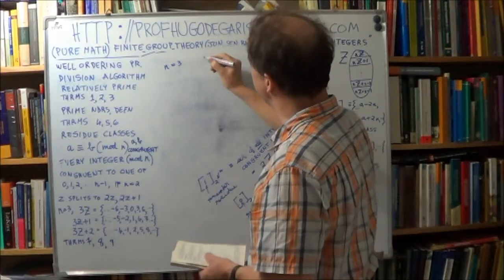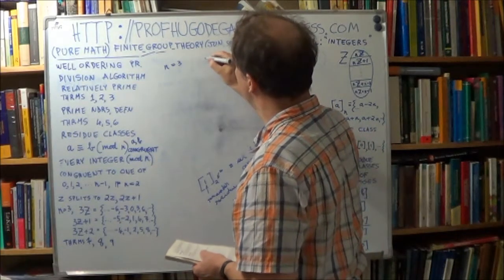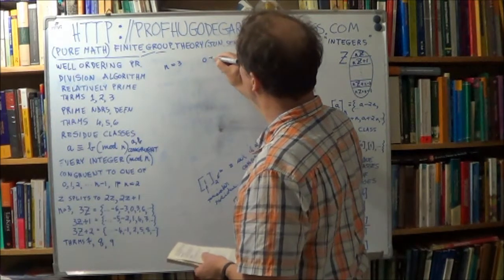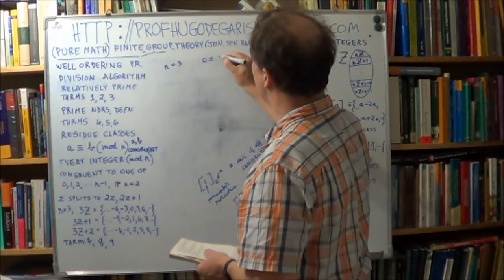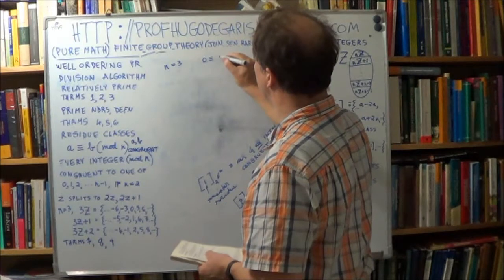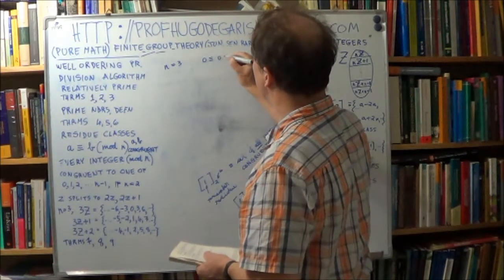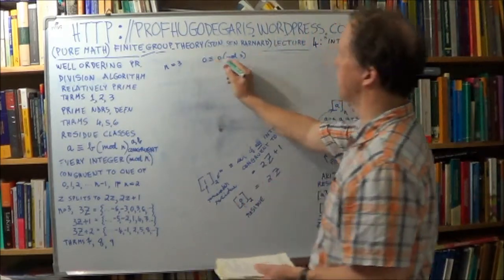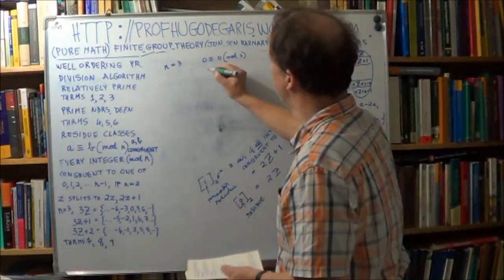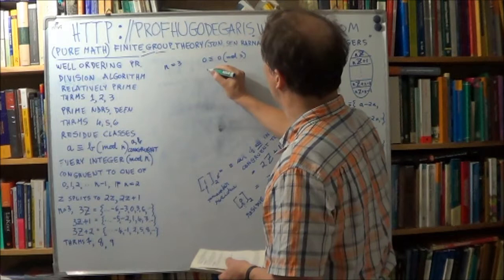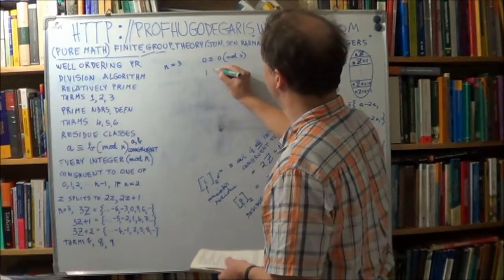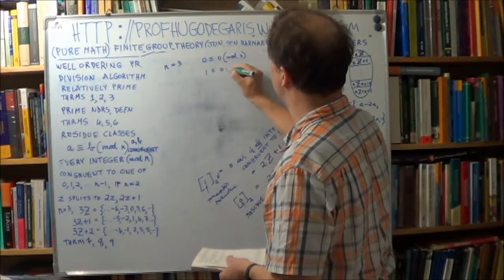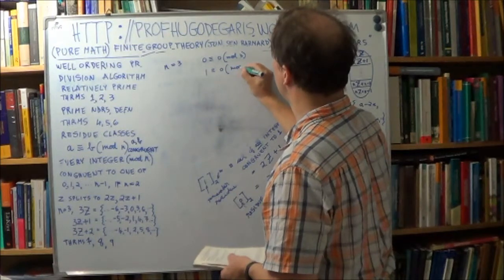Let's see. Naught, mod 3. That's fine. Now 1 mod 3 is 1.